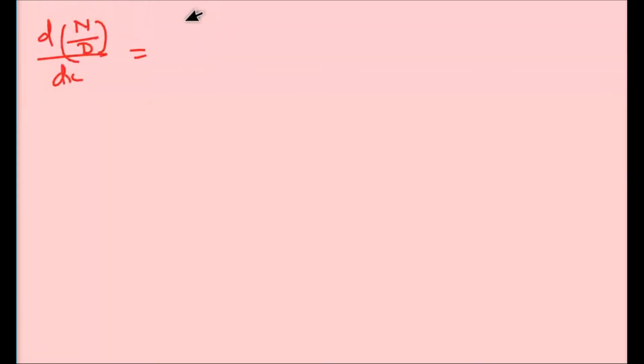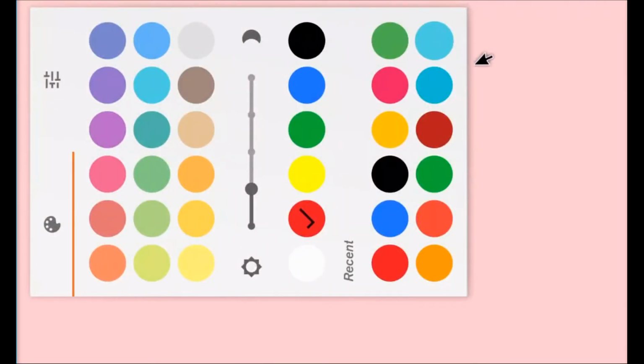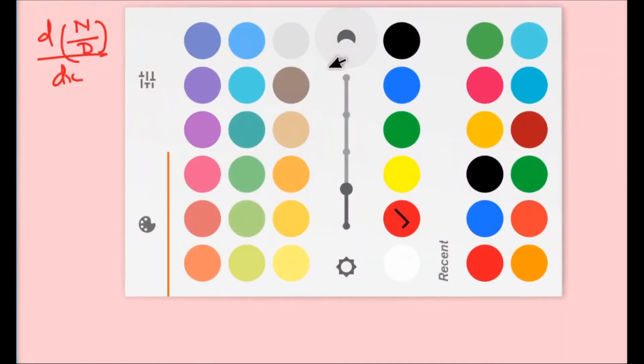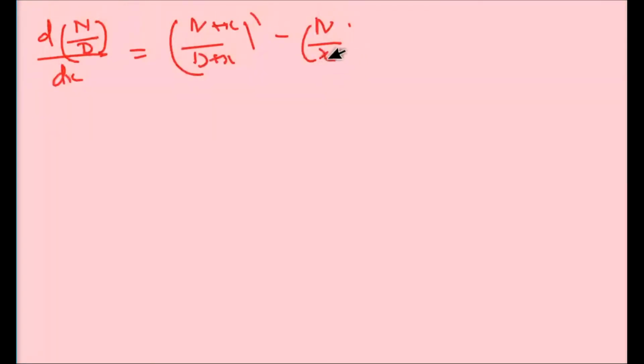Using the first principle, we can write (n plus x) upon (d plus x) minus n upon d, upon h, as h tends to 0.